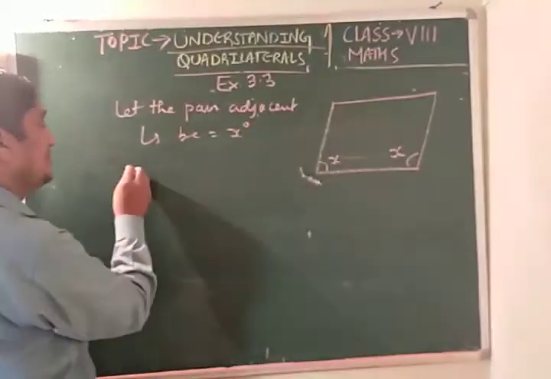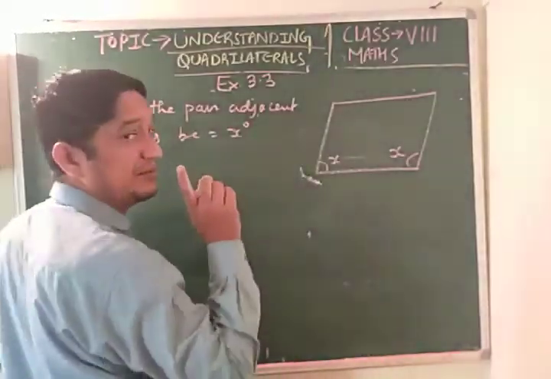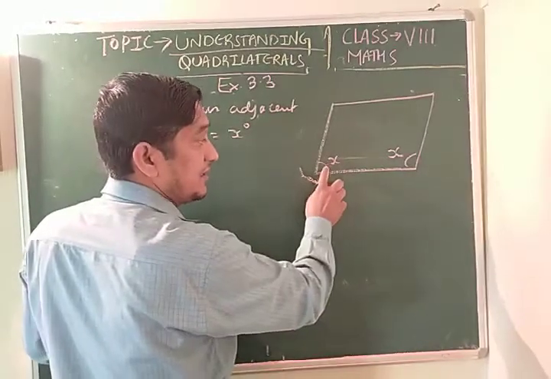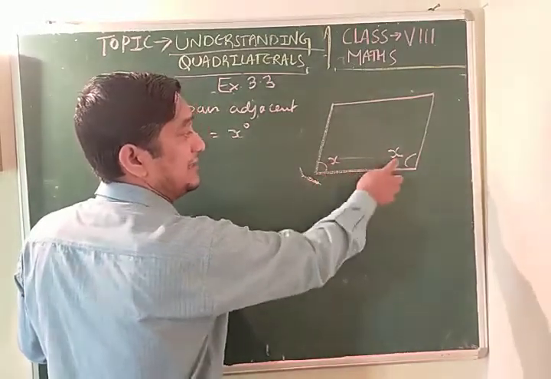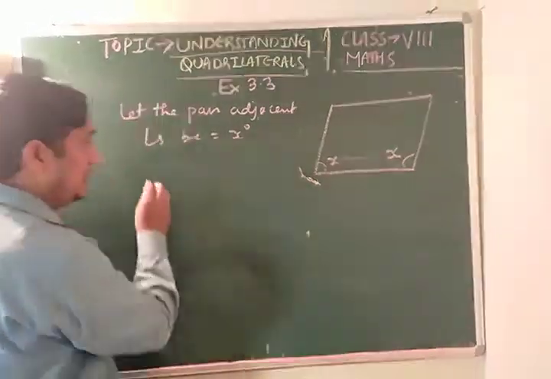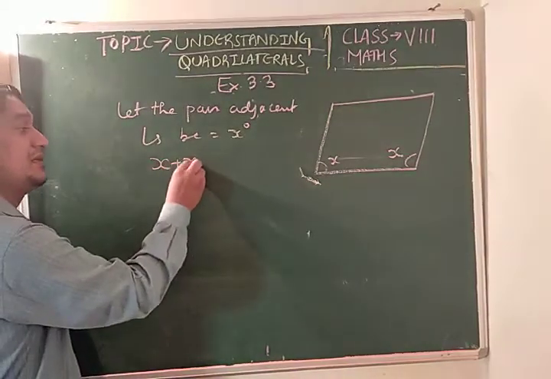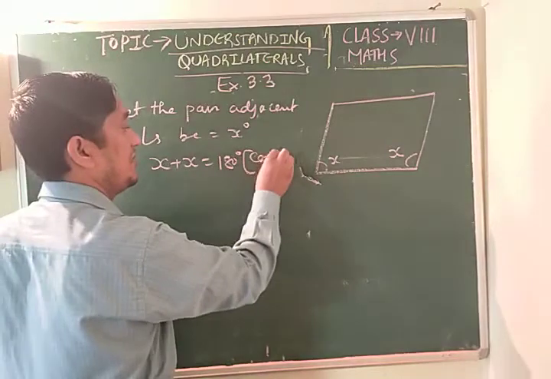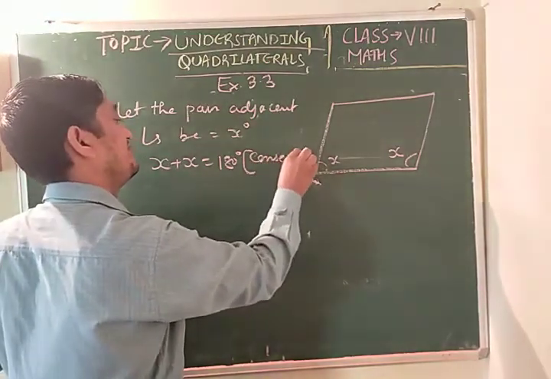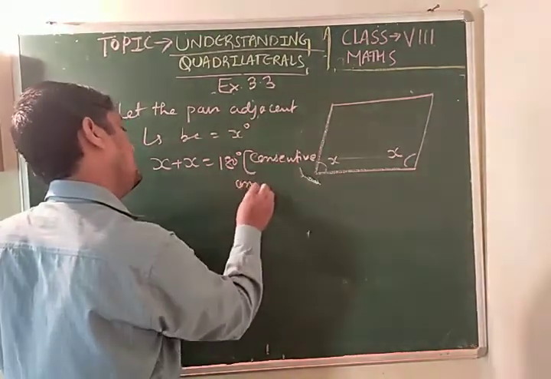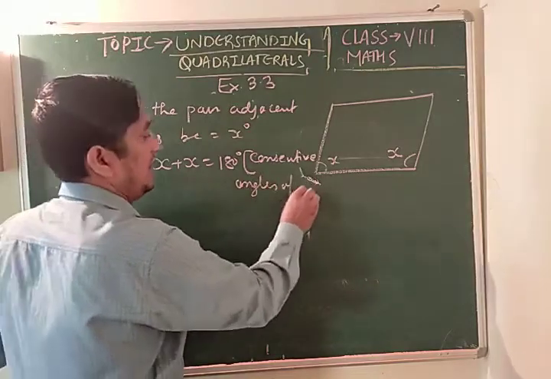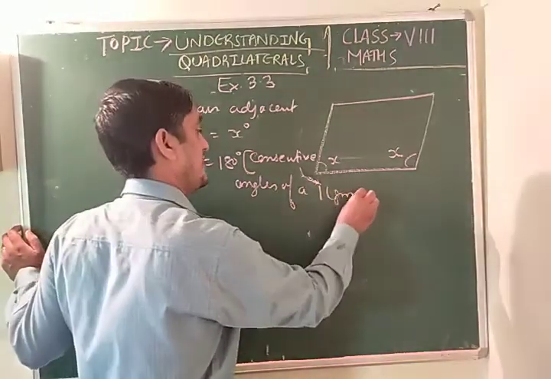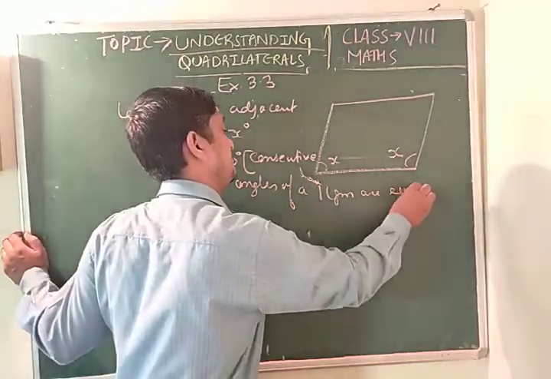x degree. So according to the property, consecutive angles or the adjacent angles add up to 180 degree. It becomes x plus x equals 180 degree. The reason is consecutive angles of a parallelogram are supplementary.